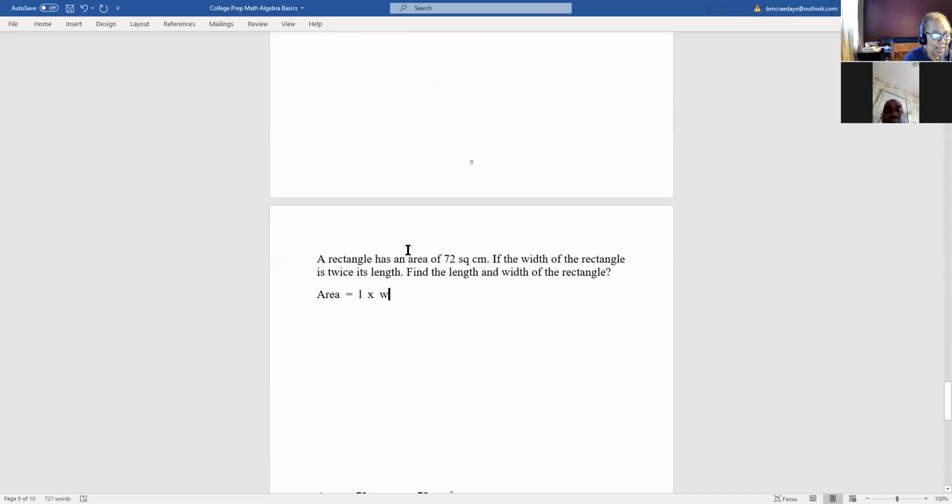If the width is twice the length, how would I write that? How would I write width equal twice length?